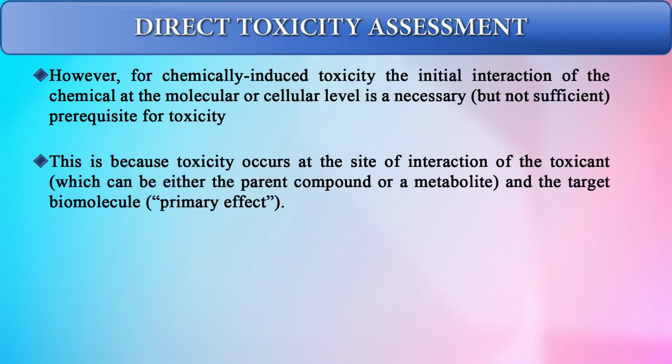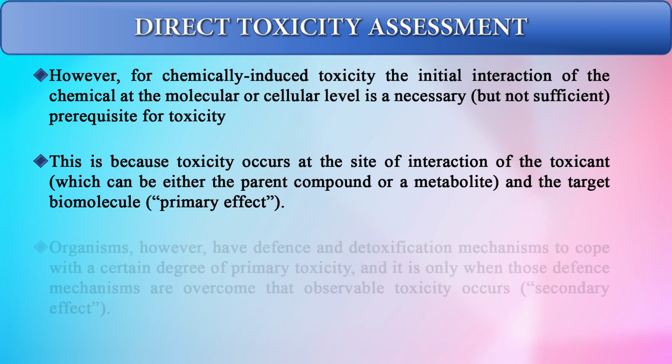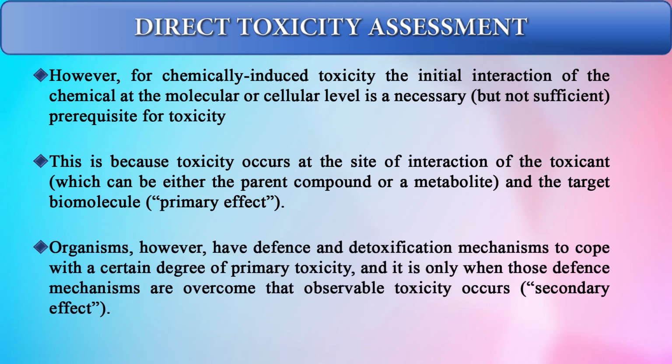This is because toxicity occurs at the site of interaction of the toxicant, which can be either the parent compound or a metabolite, and the target biomolecule, which is known as the primary effect. Organisms, however, have defense and detoxification mechanisms to cope with a certain degree of primary toxicity, and it is only when those defense mechanisms are overcome that observable toxicity occurs, which is known as the secondary effect.